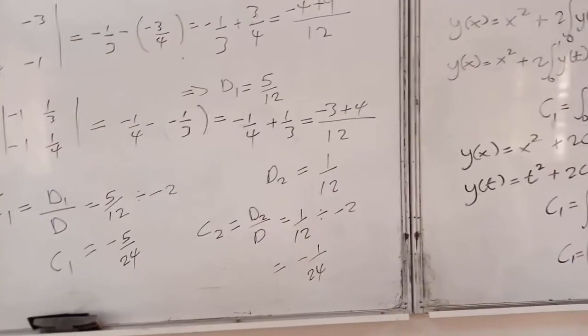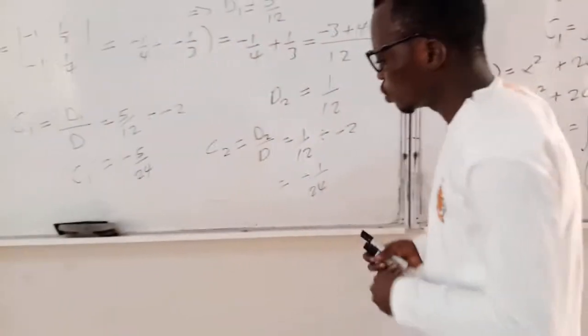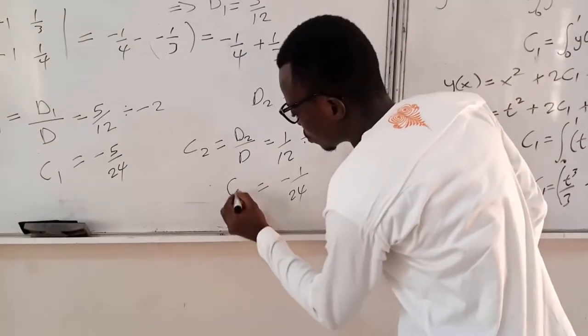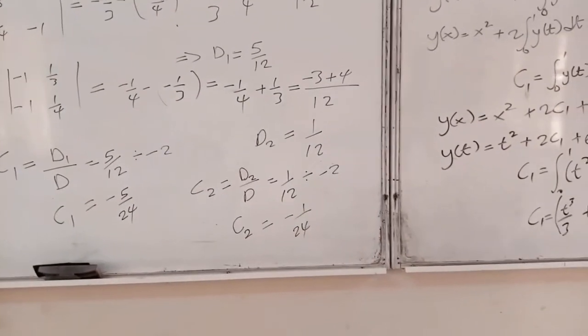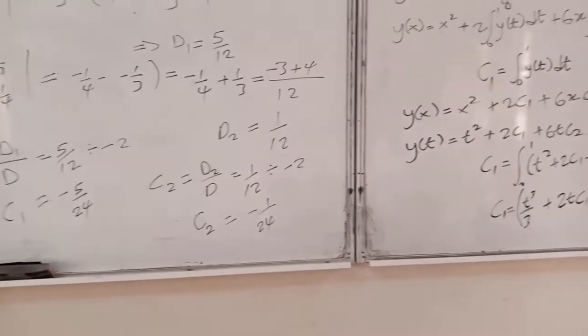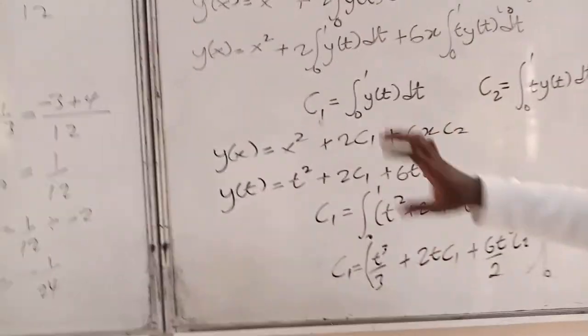Alright, now we have our c1 and c2. Now let's substitute c1 and c2 into this function. That will be the solution to the integral equation.